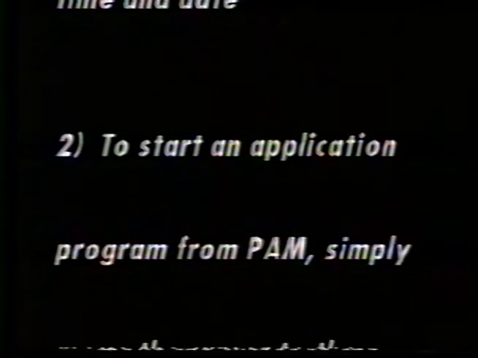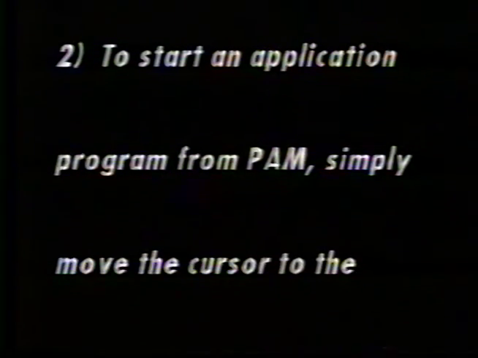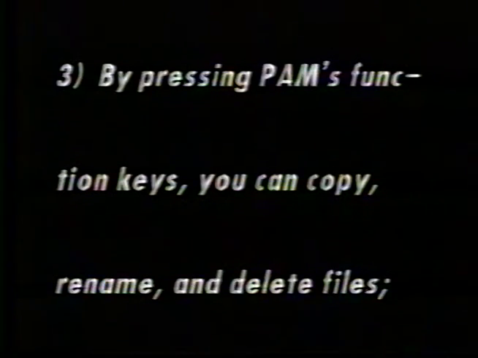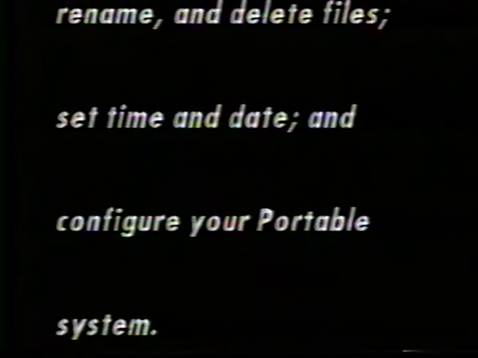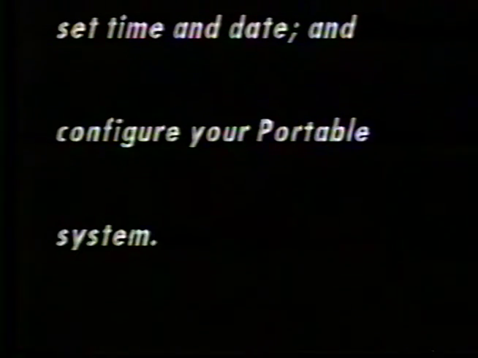To start an application program from PAM, simply move the cursor to the program's name and press return. 3. By pressing PAM's function keys, you can copy, rename, and delete files, set time and date, and configure your portable system.